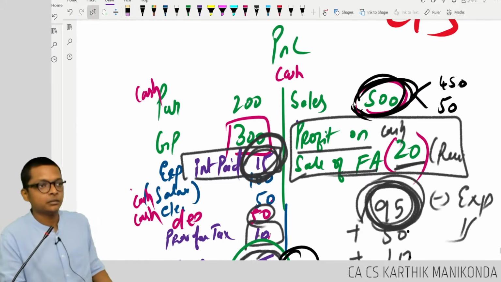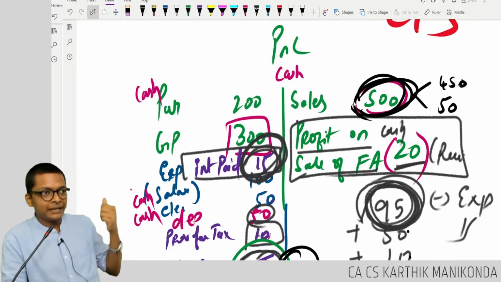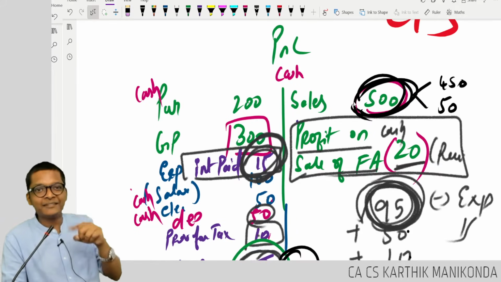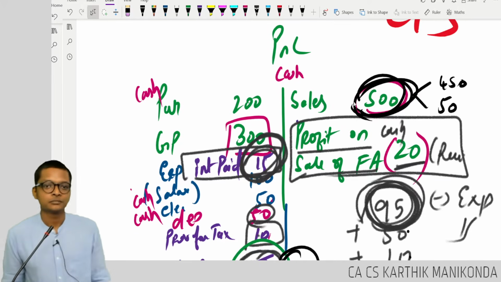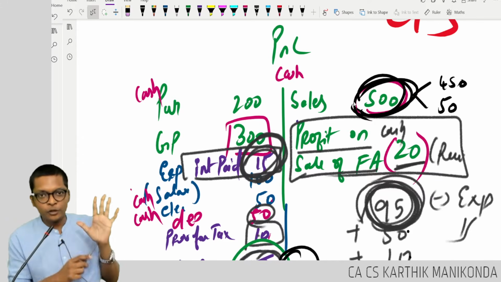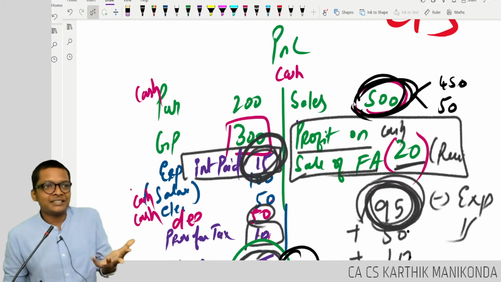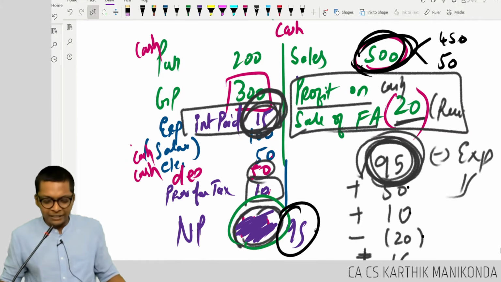Are you understanding? But you studied schedule 3. In revenue from operations, am I giving a breakup of cash and credit sales? Then how will you reduce? They have not given it in the revenue from operations. So what, sir? Notes are there, we can take it from the working note. So what? I will find out and reduce 50.